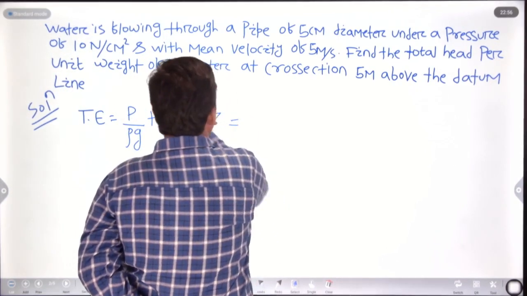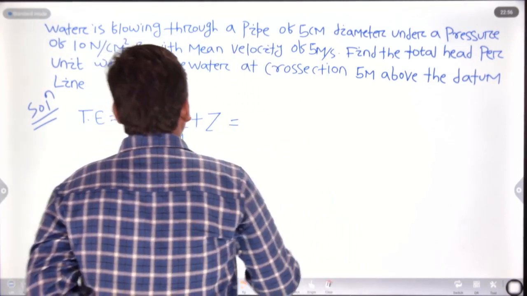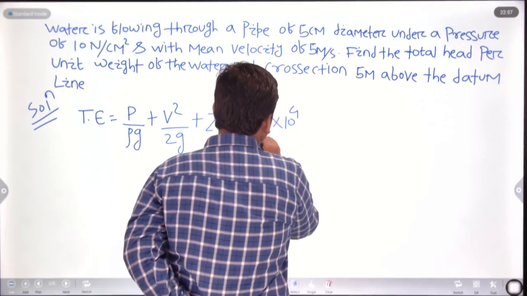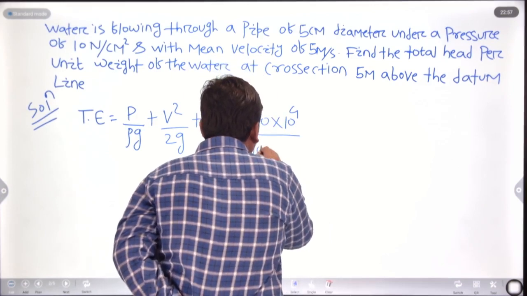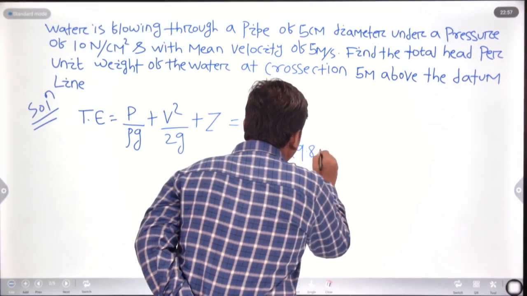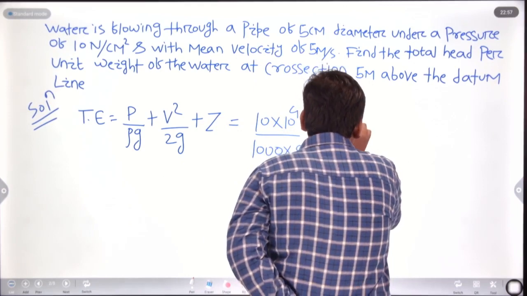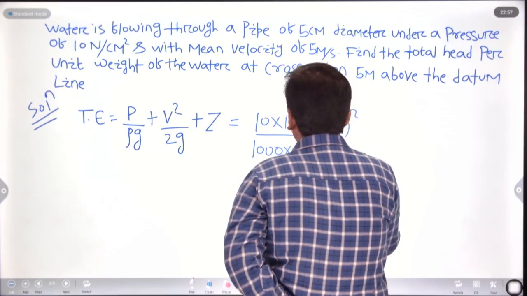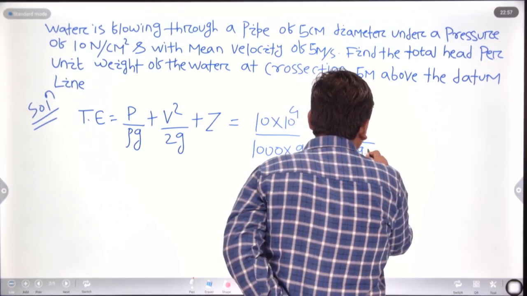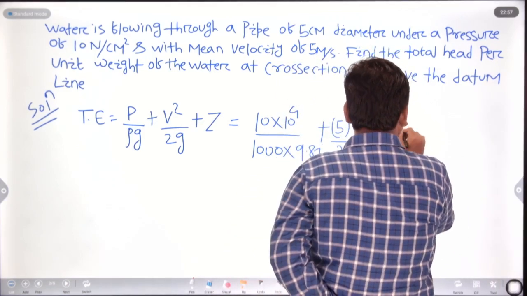Here the pressure energy is 10 into 10 to the power 4, converted into meters, divided by rho, which is 1000, and g, which is 9.81, plus the mean velocity 5 meter per second squared divided by 2 into g, where g is 9.81, the acceleration due to gravity, plus the datum head 5.